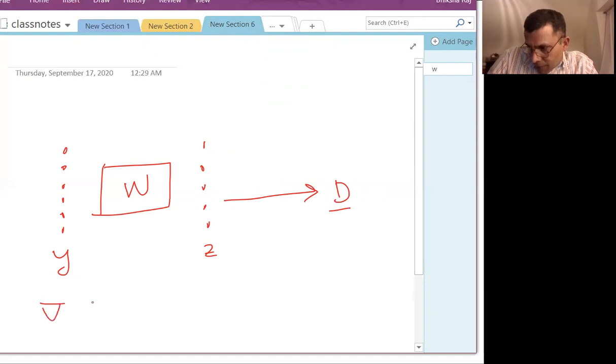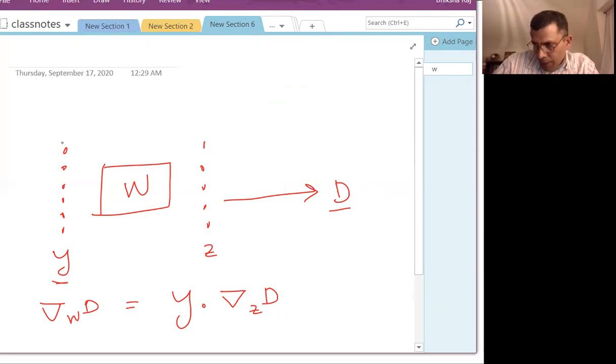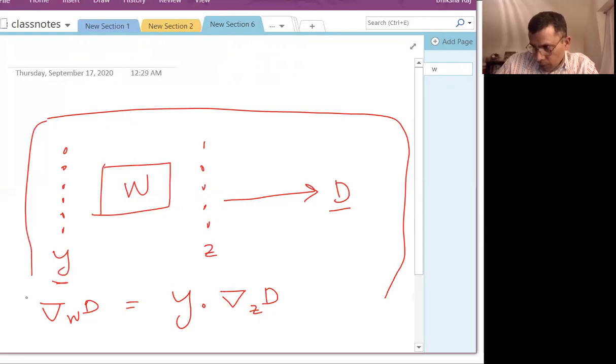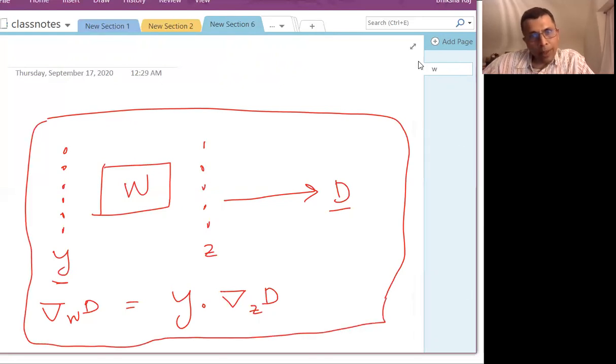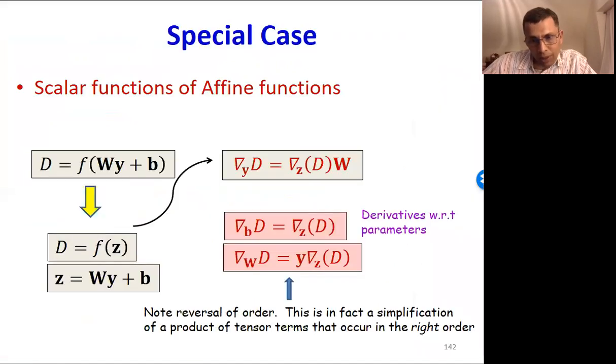Then the derivative of d with respect to w is going to be y times the derivative of d with respect to z. And this is just going to hold. All of the equations that we just saw sum to this little property here. And this is something that we're going to have to remember. Once we have all of this, we have everything we need.